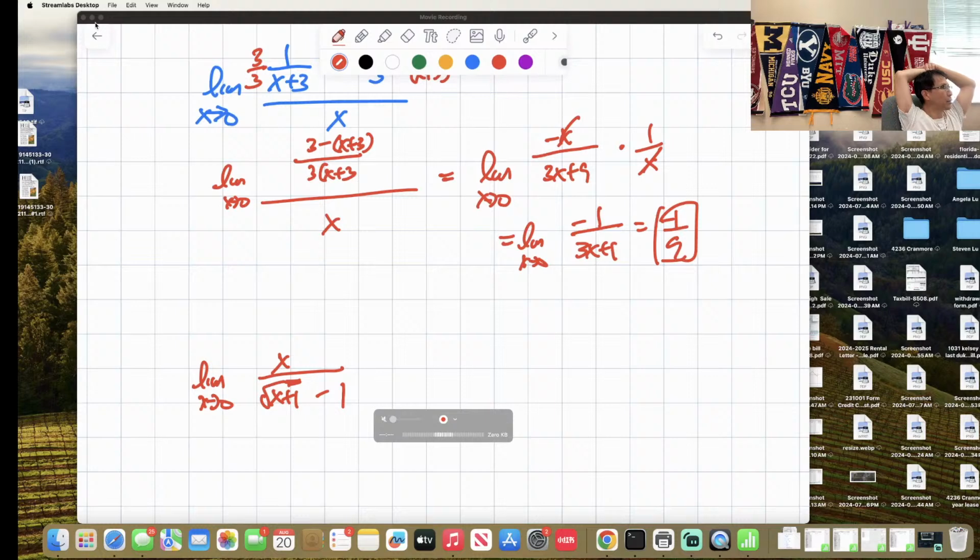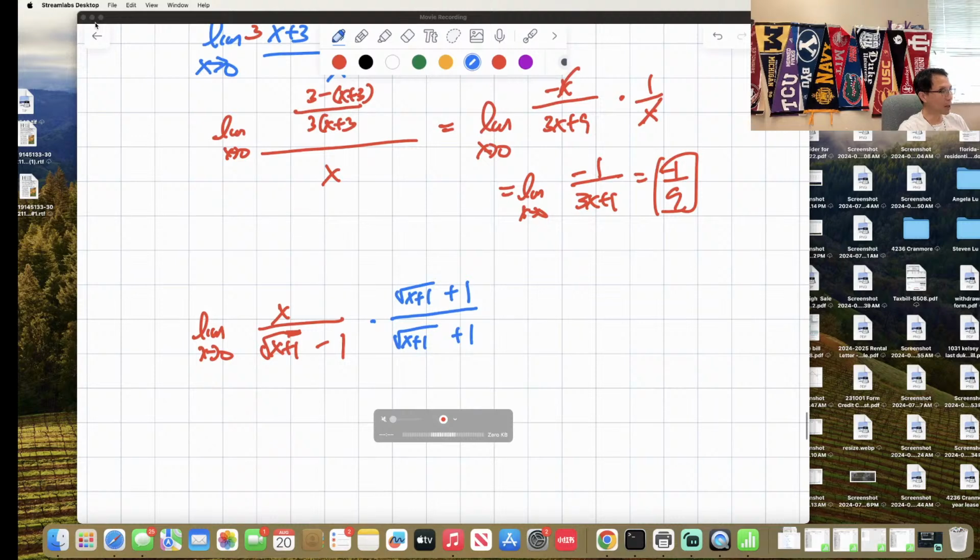When it's a radical, what do you do? Conjugate. Do you guys remember what a conjugate is? The whole idea is the bottom is causing you issues.